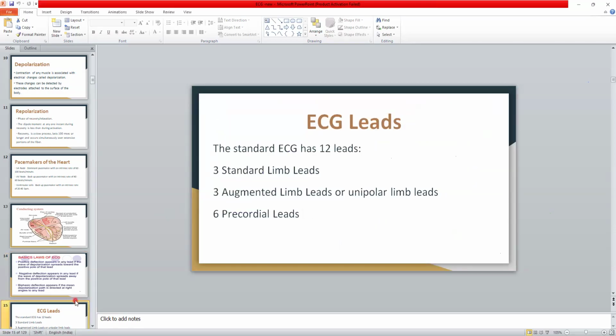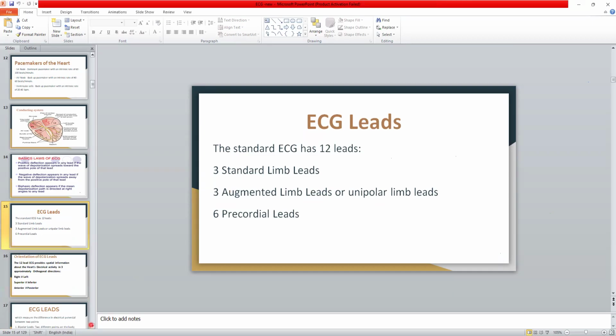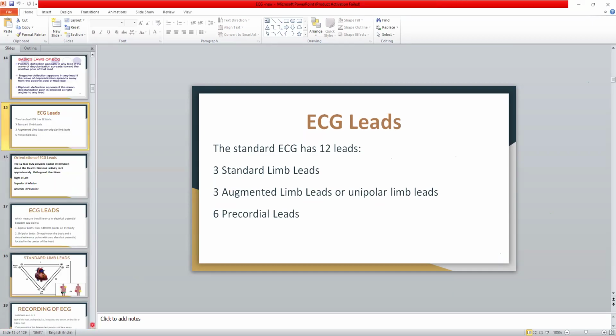We all know that ECG has standard 12 leads. There are 3 standard limb leads, 3 augmented limb leads or unipolar limb leads, and 6 precordial leads. Let us know in detail about the standard limb leads, augmented limb leads, and the precordial leads.